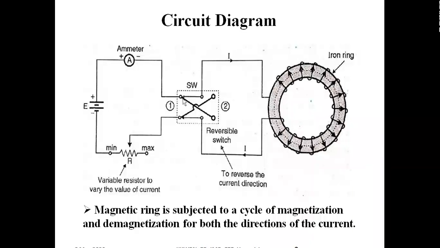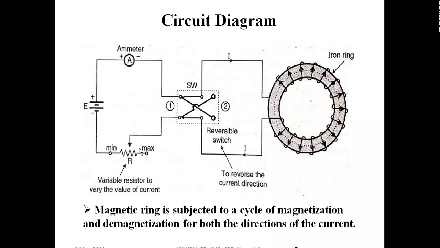If we change the switch position, the direction of current is reversed, that means current will flow from the right side to the left side in the circuit diagram. This reversible switch is connected to the DC source, a battery, through an ammeter to know the amount of current flowing through the coil wound on the iron ring.